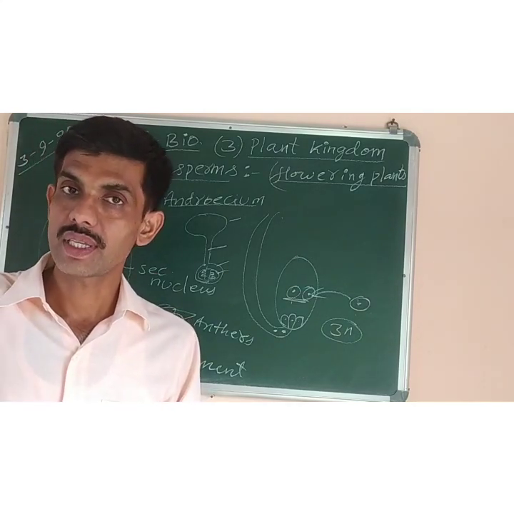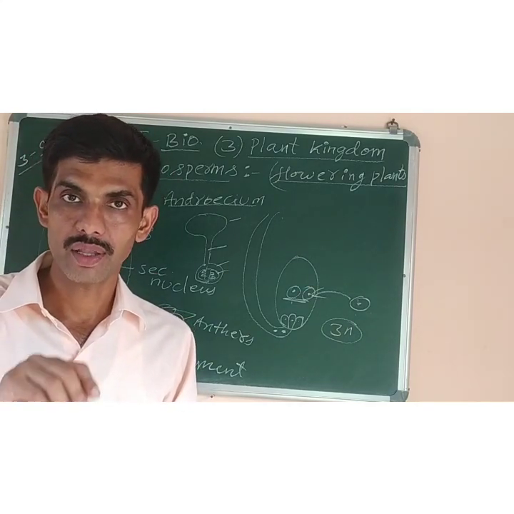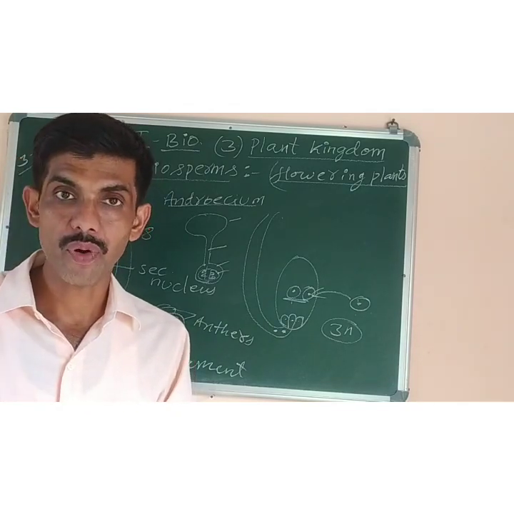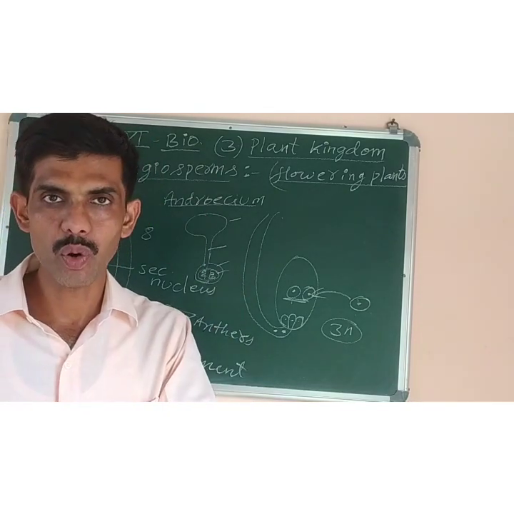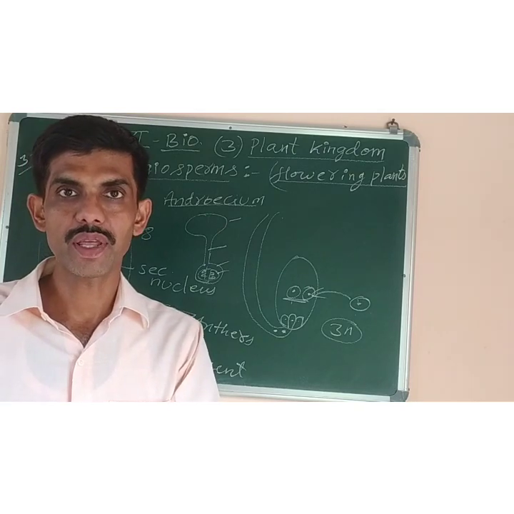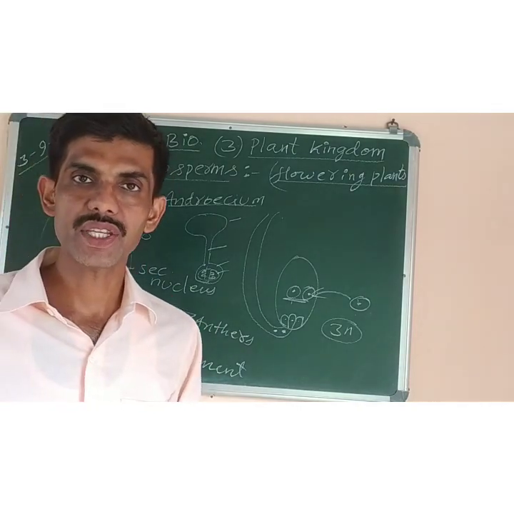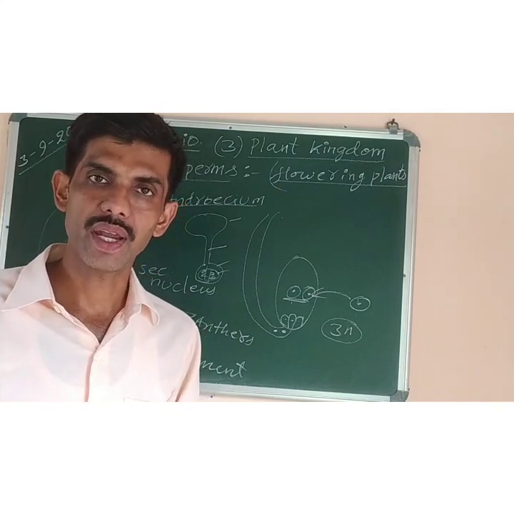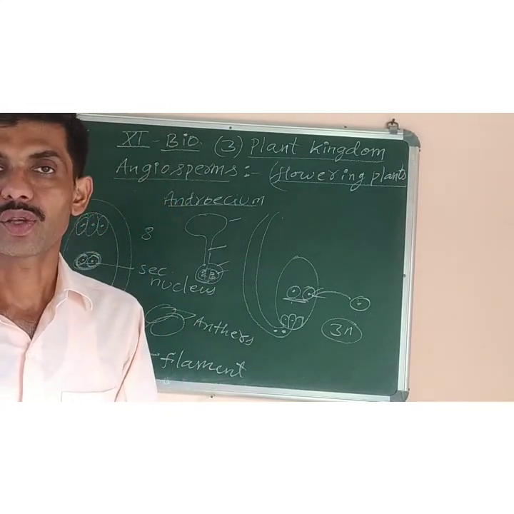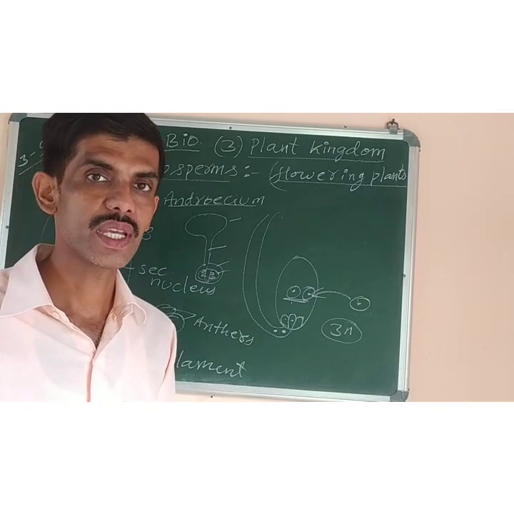So once insects sit on the leaves, they will slip down and fall into the pitcher and the lid will close. That is a modification of leaf only. So the lid will close and the insect will be digested and absorbed by that plant. And it will get the source of nitrogen from those insects.